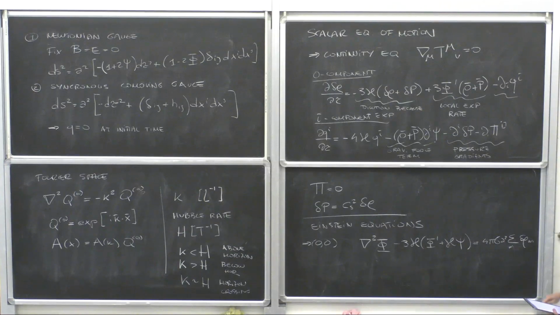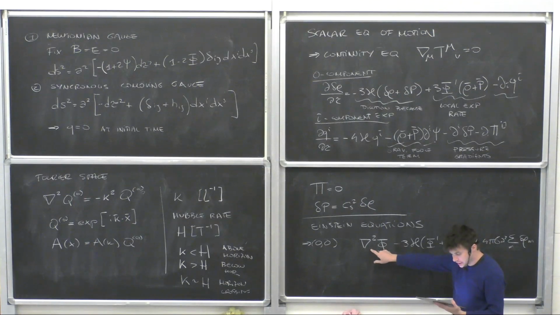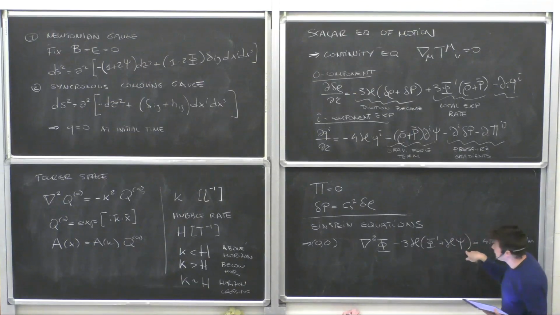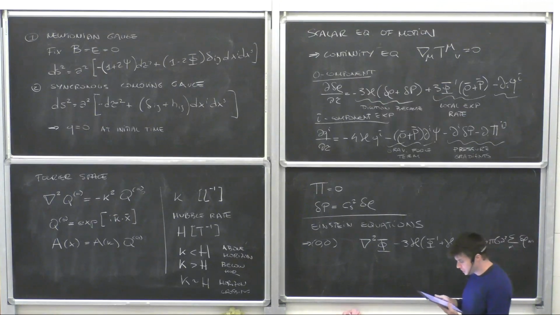Now, this is the 0,0 equation, and you see this looks like the Poisson equation, right? This looks like the Poisson equation, well, in a given regime. So here, when spatial gradients are bigger than time derivatives, this would look like the Poisson equation.